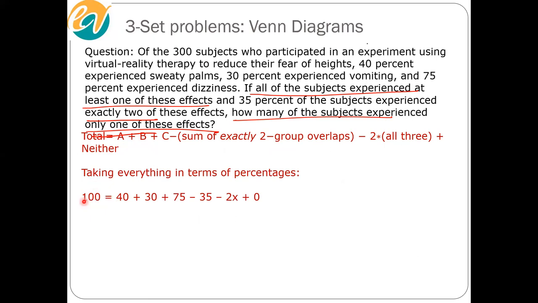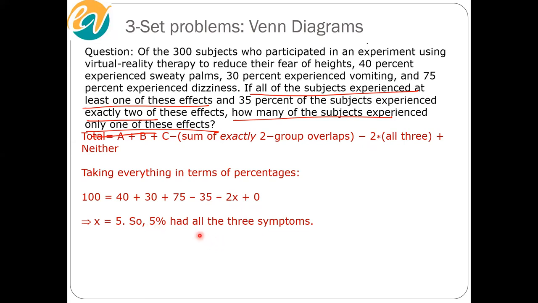So 100% equals capital A, which is 40%, capital B is 30, capital C is 75, minus the sum of exactly 2, given as 35, minus 2 times all the 3, and neither is obviously 0. From this, we find the value of X, which is 5%. Now I think this is easy.